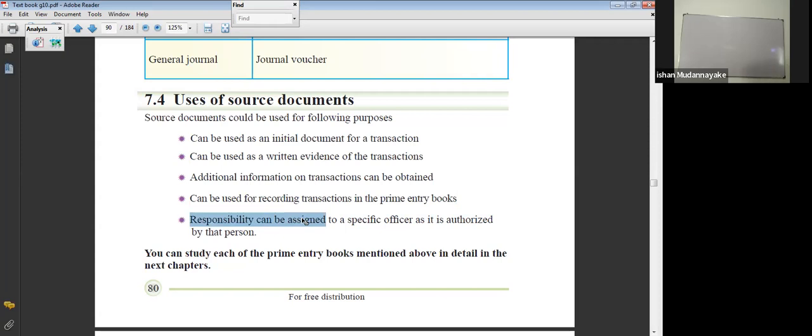Responsibility can be assigned to the person who prepared or authorized the transaction, the person who signed the check or the source document. So these are the benefits of source document.